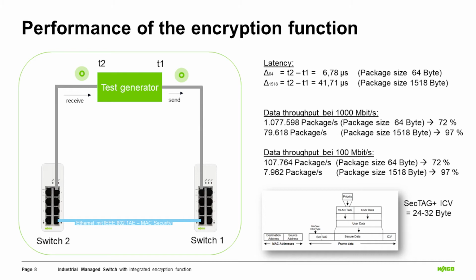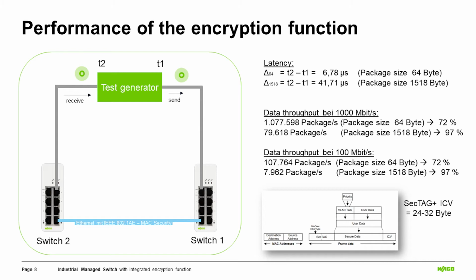If you look at the data throughput, then you see that with big data packages, for example for video data, we have a secure link with 970 megabits per second. We have nearly the wire speed. Don't worry about big data, it's no problem.